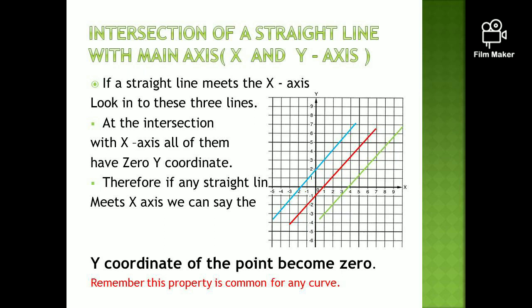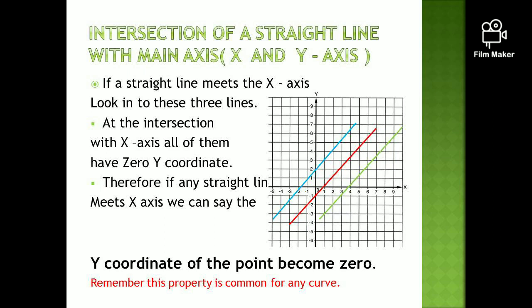From this diagram, let's try to understand the intersection of a straight line with the x-axis. Refer to the line which is shown in light blue color. Here you can say it meets the x-axis at the coordinate (-2, 0). If you refer to the red line, it meets at (1, 0).